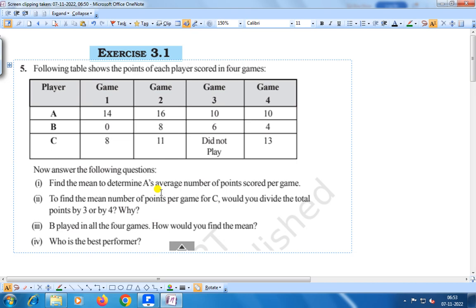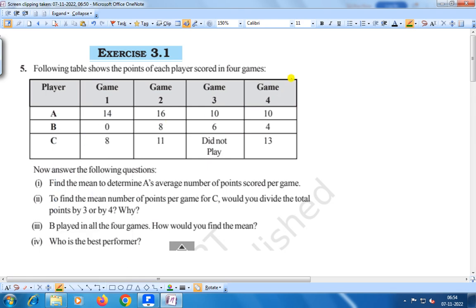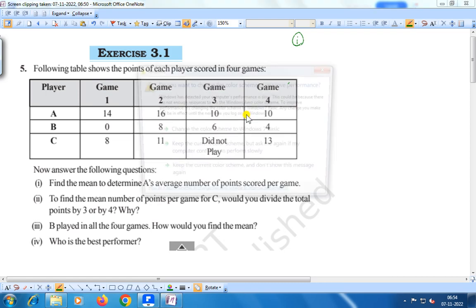Let's find question number 1 first. Question number 1 is: find the mean to determine the average number of points scored per game.